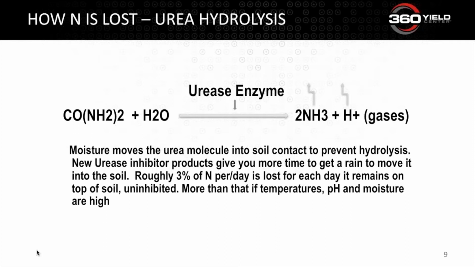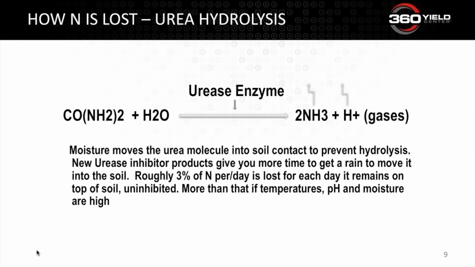So to stop the gassing off, we target that enzyme called urease. In essence, it gives us another window of 10 days, maybe 2 weeks, before this process occurs, and it gives us more time to get rainfall to wash it into contact with the soil, so this process goes off and we don't lose it. So that's a urease inhibitor, stopping volatilization.